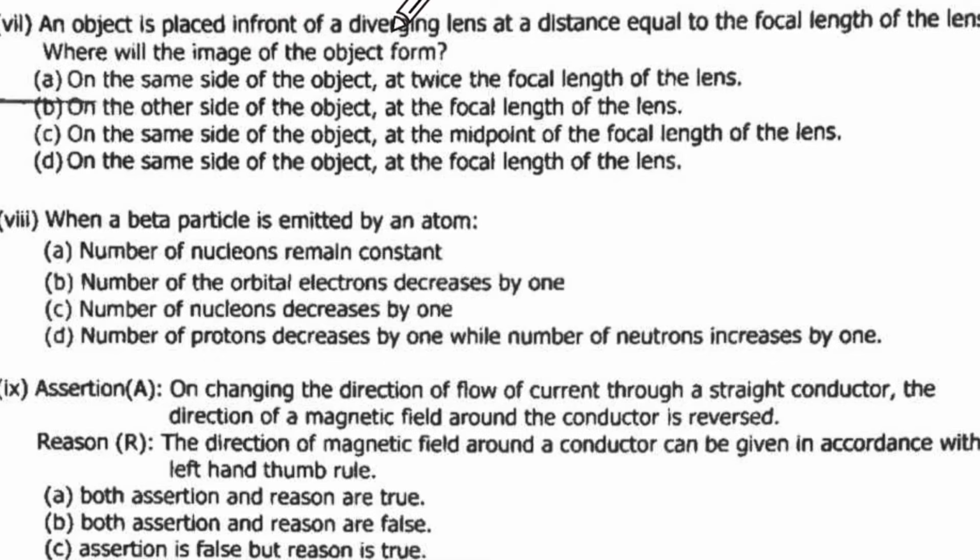An object is placed in front of a diverging lens, means concave, at a distance equal to focal length of the lens. Now remember, this you'll have to visualize. This is the lens, I'll just call that as L, and this is the focal length. It is placed at focal length, so this is the object at focal length.